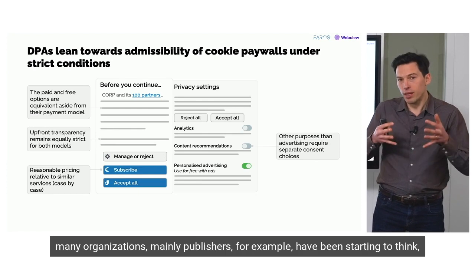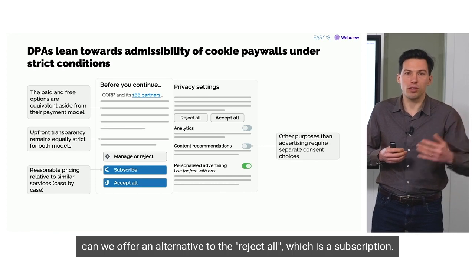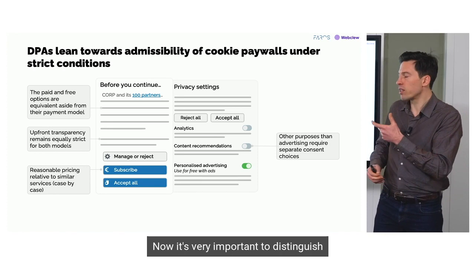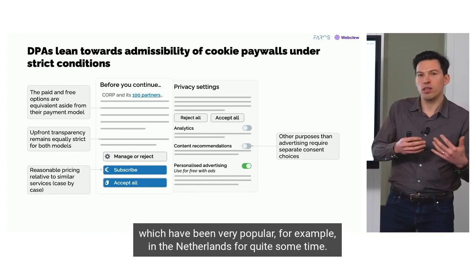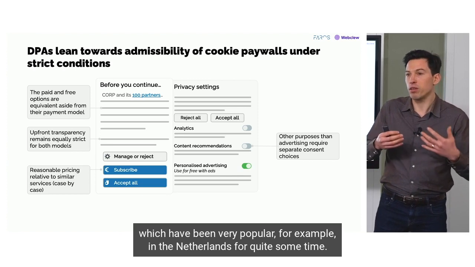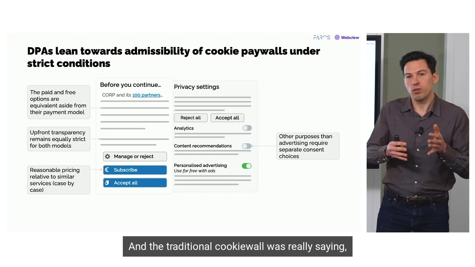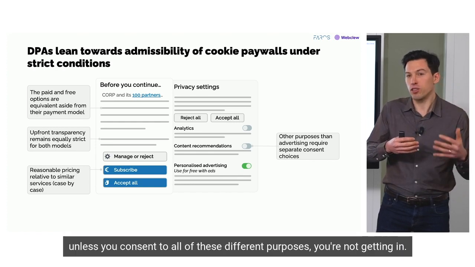many organizations, mainly publishers for example, have been starting to think, can we offer an alternative to the reject all, which is a subscription? Now it's very important to distinguish a cookie paywall from the traditional cookie walls, which have been very popular, for example, in the Netherlands for quite some time. And the traditional cookie wall was really saying, unless you consent to all of these different purposes, you're not getting in.